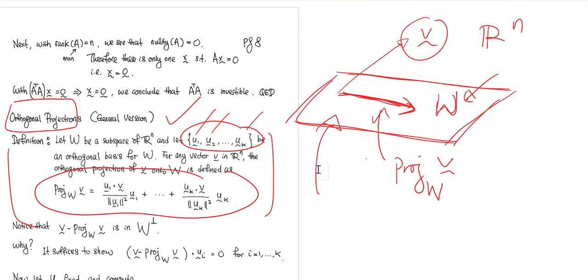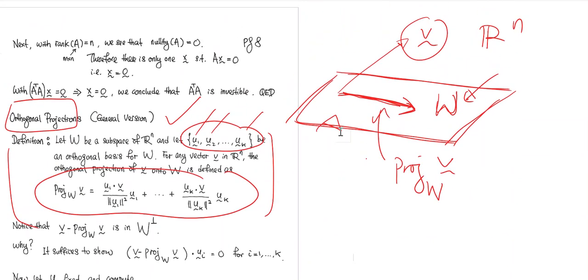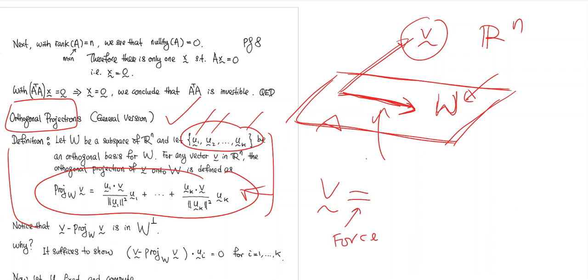Now, there's a way to see why this is true. I'm going to give a motivation for why you have such a formula, and it's actually pretty simple. You are basically forcing yourself. Here is v. v maybe is not on W, but I want to force it to be on W. If it is on W, these are bases, right?